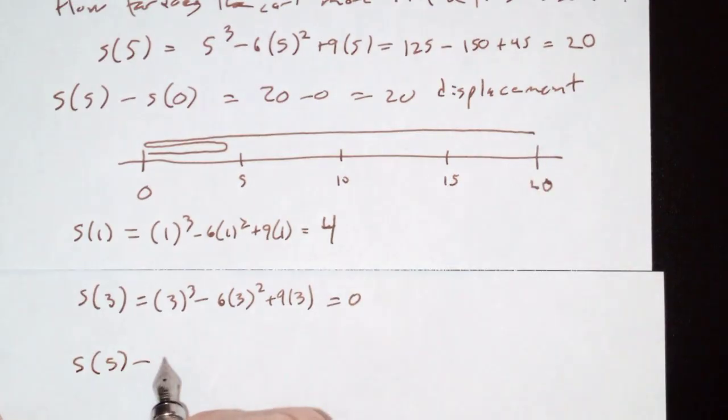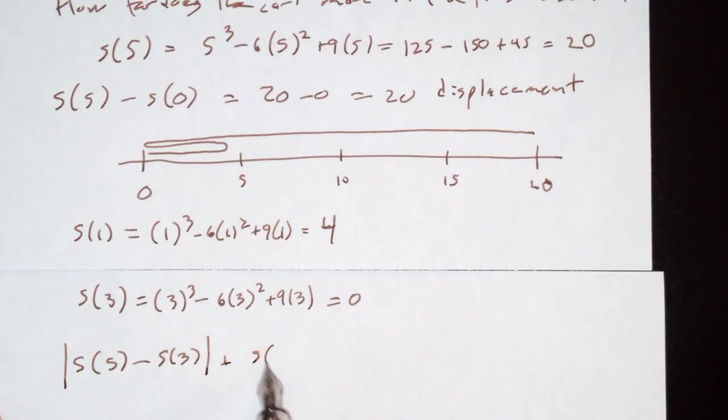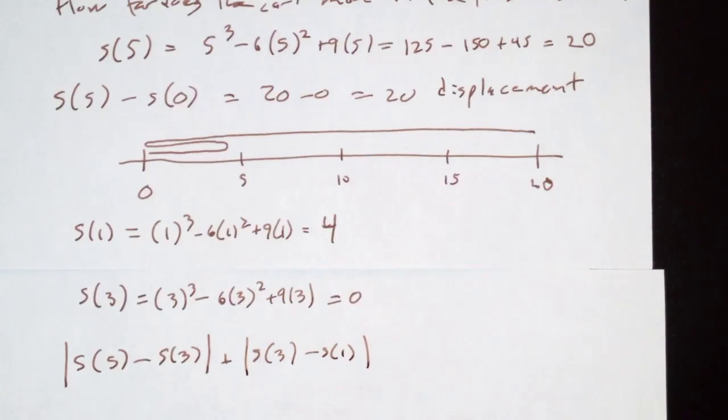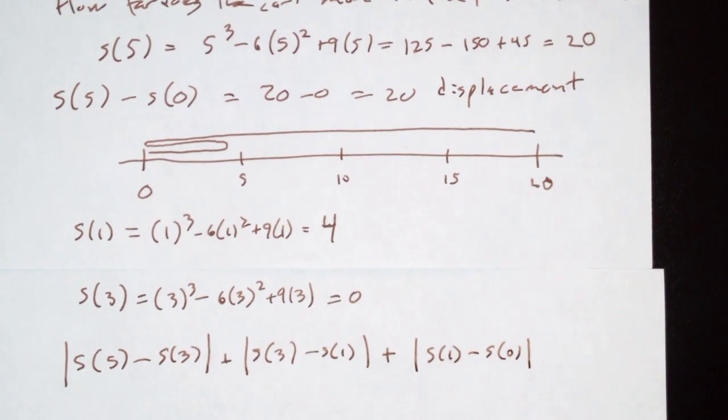It's S of 5 minus S of 3 in absolute value, plus S of 3 minus S of 1 in absolute value, plus S of 1 minus S of 0 in absolute value.